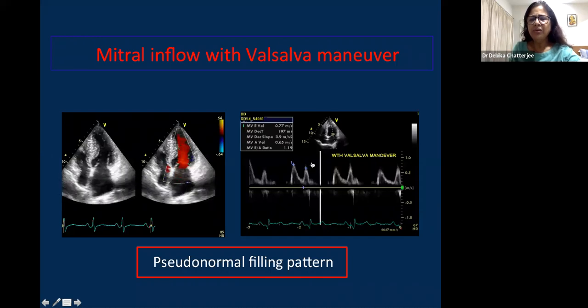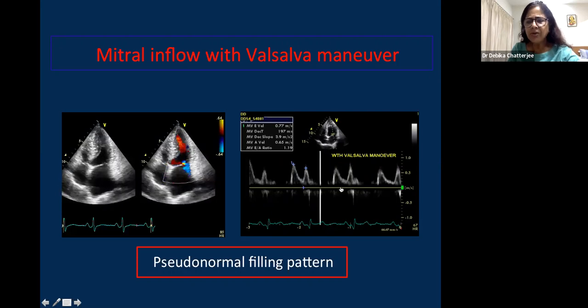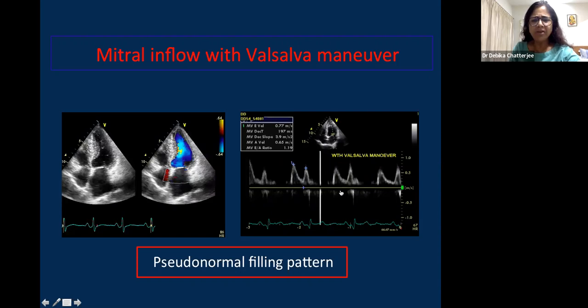This pattern goes back to the impaired relaxation pattern where E wave is less than the A wave. So as I have obliterated the unmasked, raised LA pressure, the pattern has gone back to its impaired relaxation pattern. So this pattern we say is pseudo-normal filling pattern.